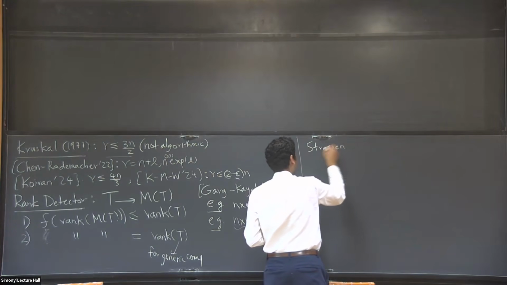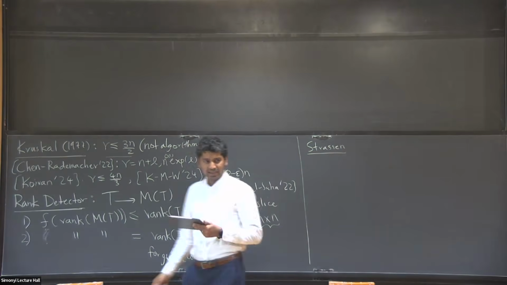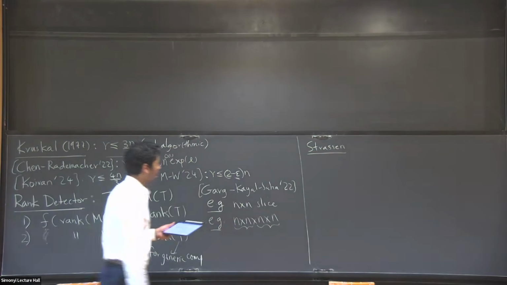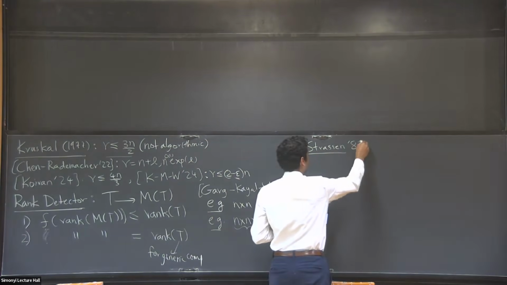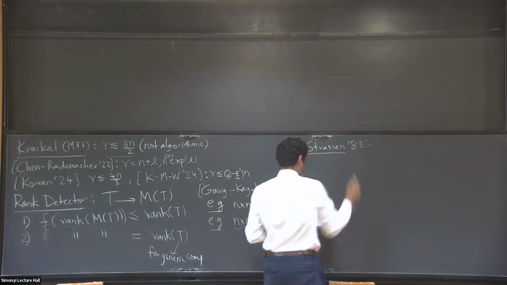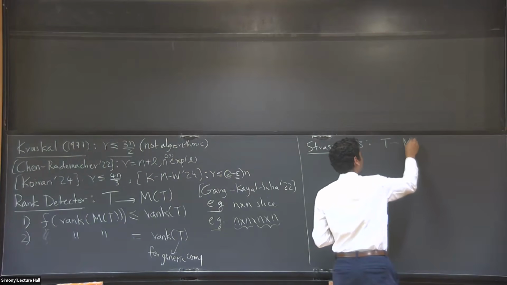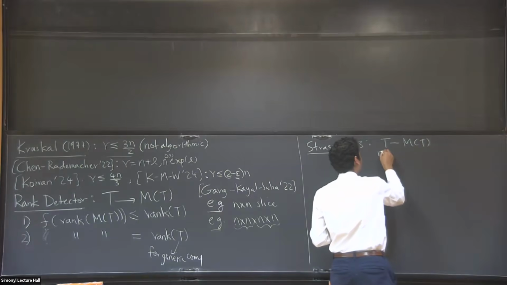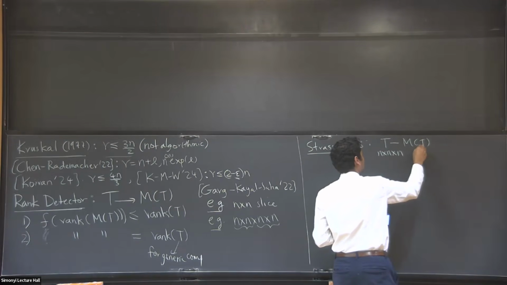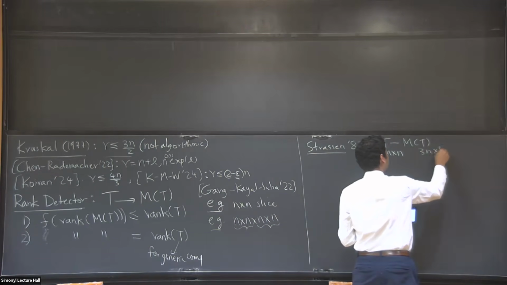Maybe the first interesting flattening in this direction that I can think of is due to Strassen, who gave a map from n by n by n tensors to 3n by 3n matrices.